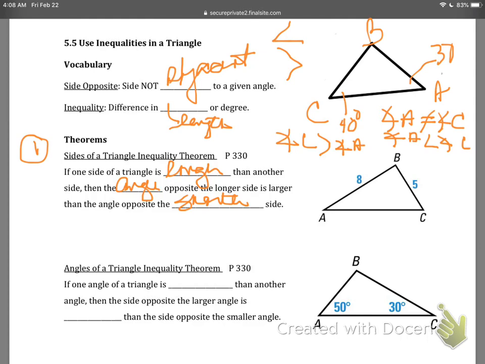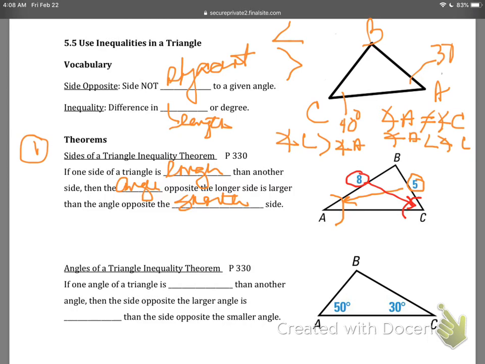The angle opposite BC, so here's BC, its angle is angle A. That is opposite. Okay, I'm going to change color. And side length 8 is opposite angle C. Okay, it's opposite that.